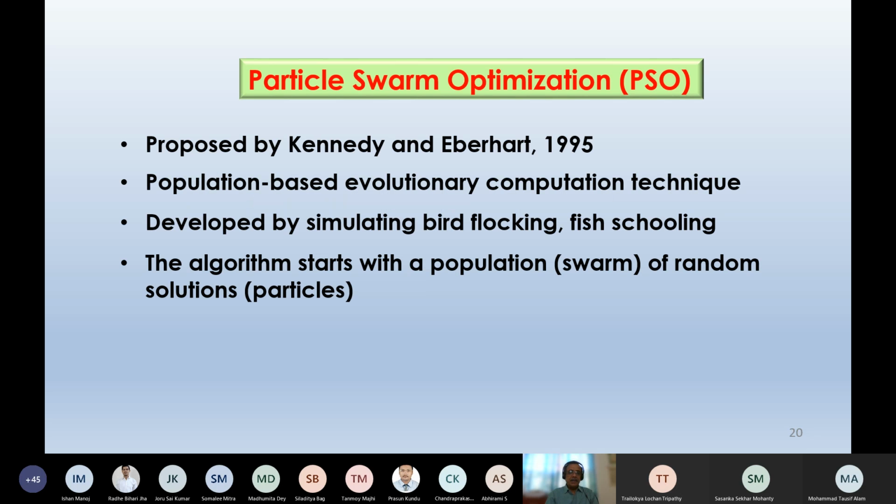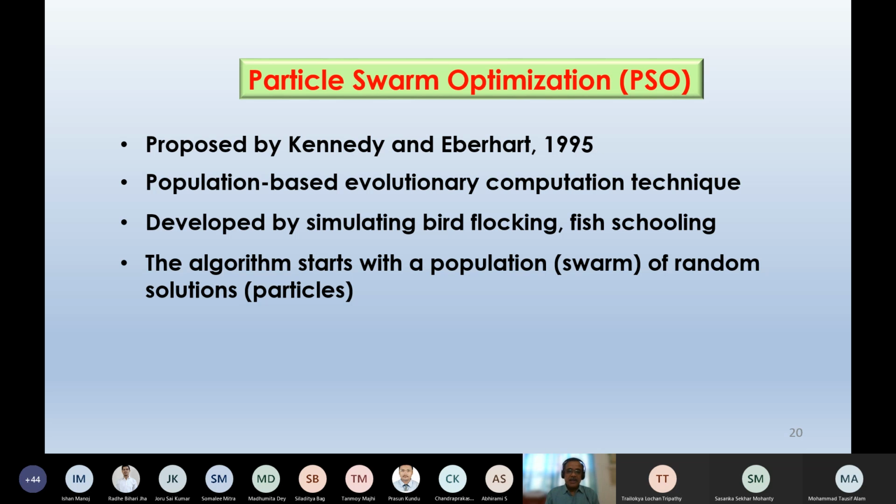Now it was proposed by Kennedy and Eberhart in the year 1995. Once again, this is a population-based evolutionary computation technique. And as I told, it is developed based on simulating bird flocking or fish schooling in the aquarium.